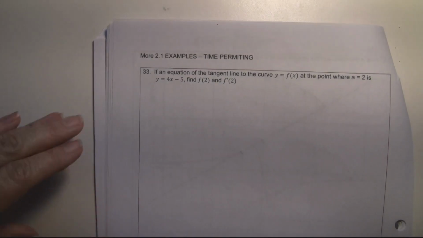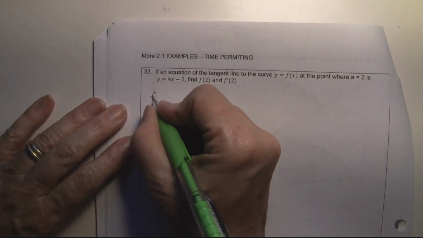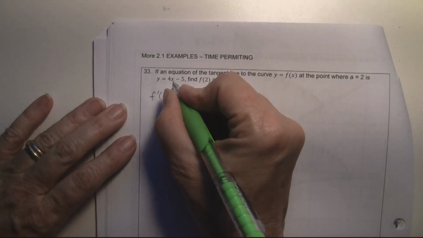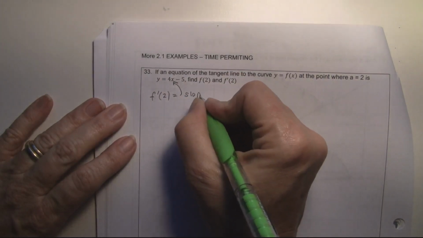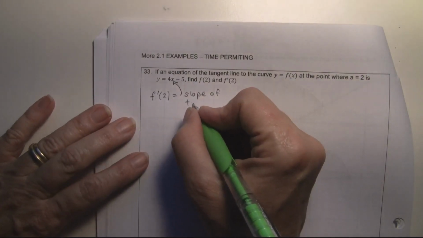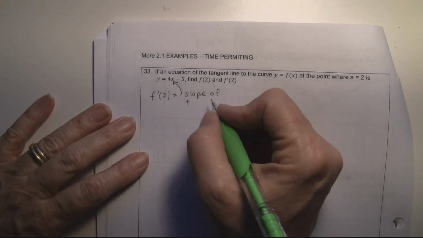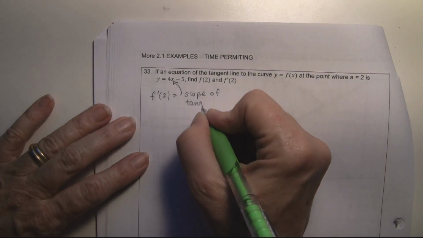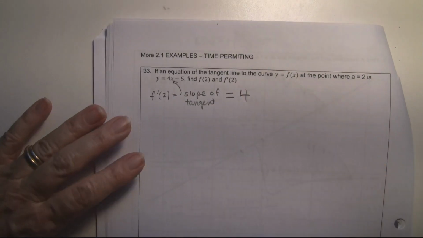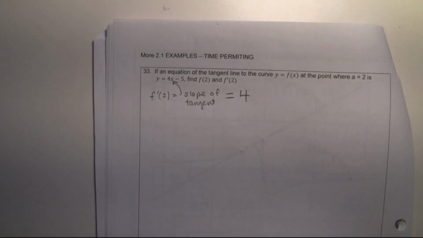So f prime at 2 is equal to the slope of our tangent line, right? And so that's just equal to 4. So kind of a silly question, but when we looked back, it went pretty good.